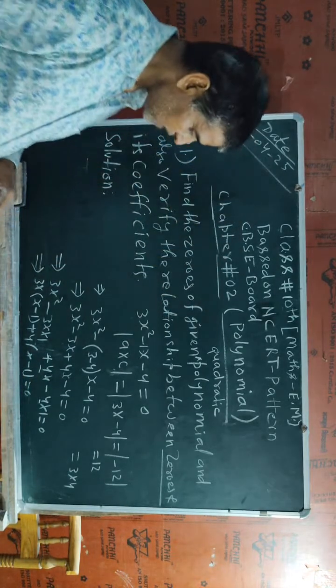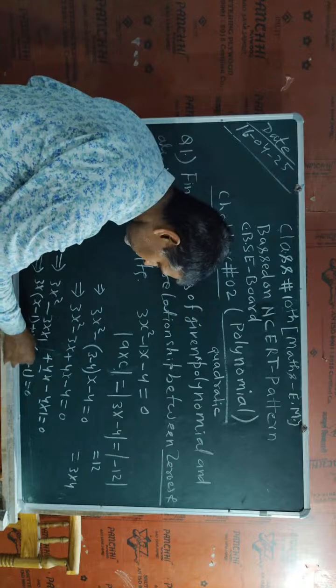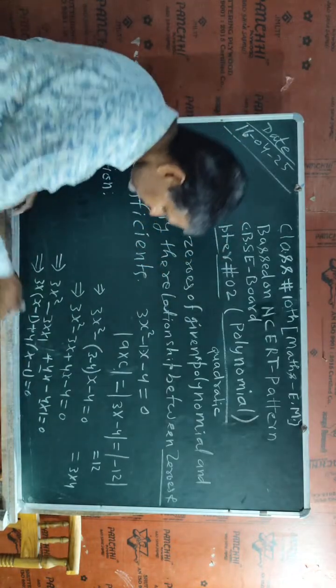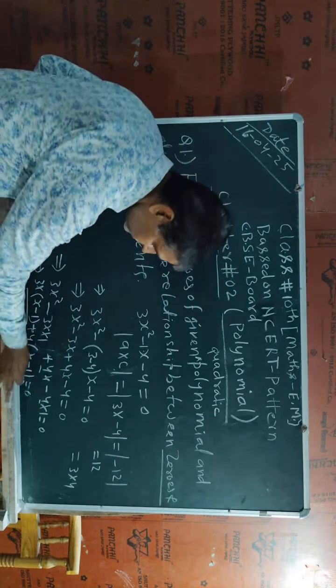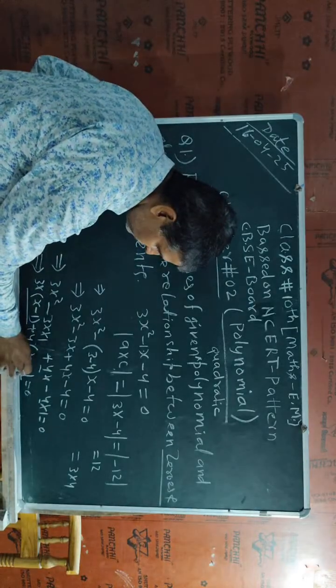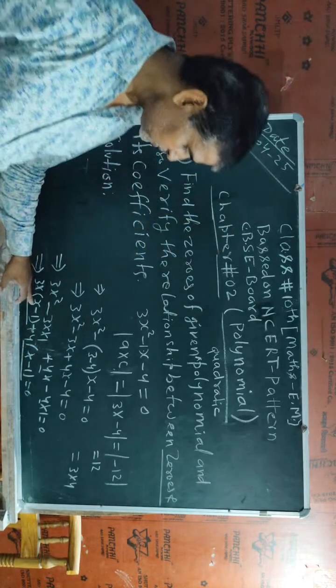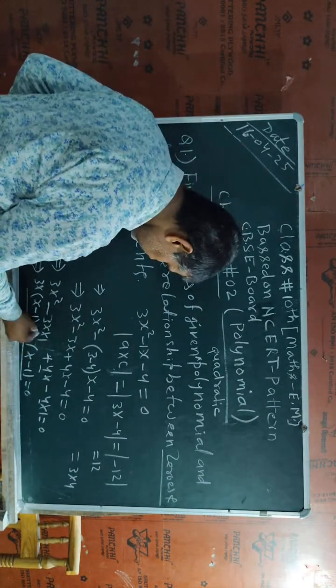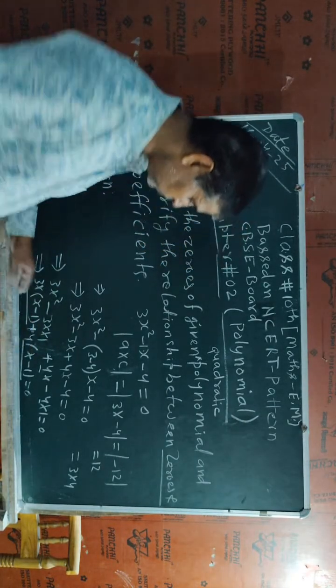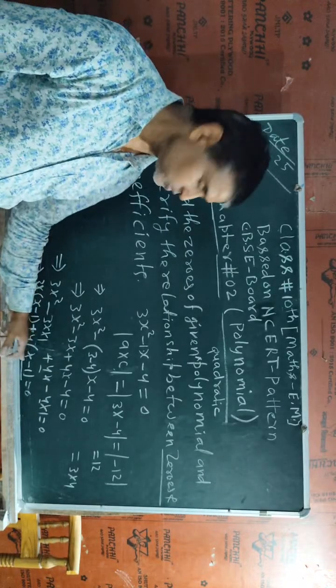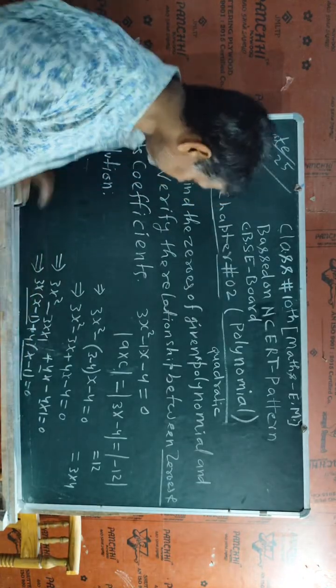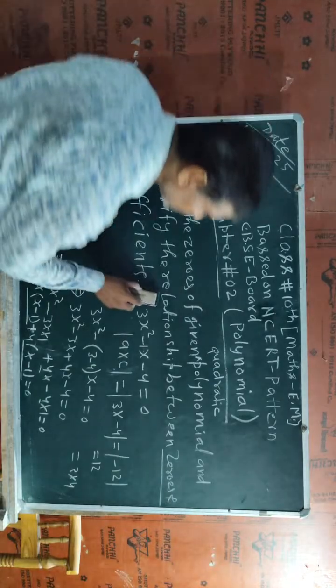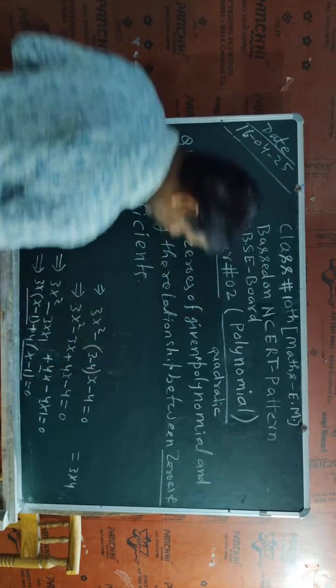Okay student, I hope that you are understanding very well. So this term and also this term, again I am taking common, because x minus 1 is available in both terms. So in both terms x minus 1 is common. In the next step I erase this term for further calculation.